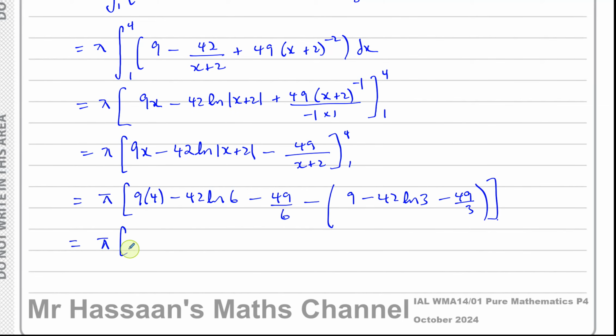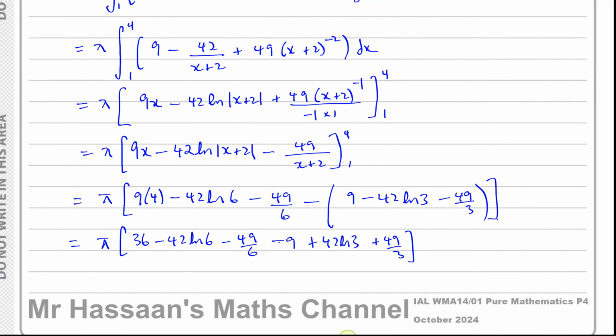So you have pi times 4 9s are 36, minus 42 ln 6 minus 49 over 6, plus minus 9. So you got minus 9 plus 42 ln 3 plus 49 over 3.